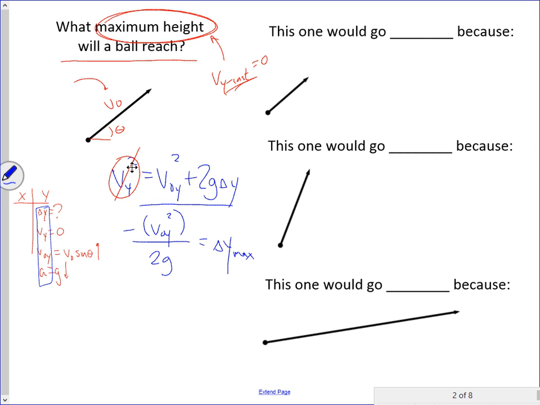What we should do is go one more step and say, how do you write V0y? Well, that would be V0 sine theta. I put the squared outside the parentheses now, no big deal. Divided by 2g, that would be delta y max.